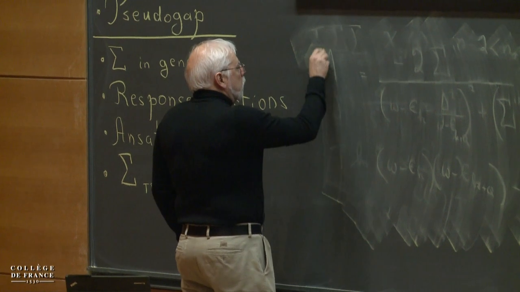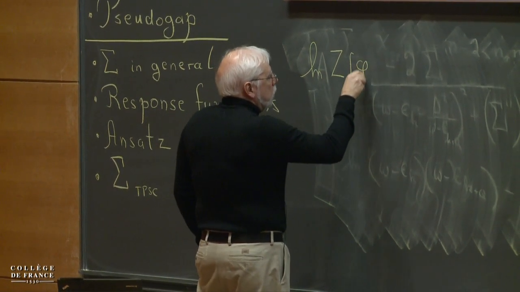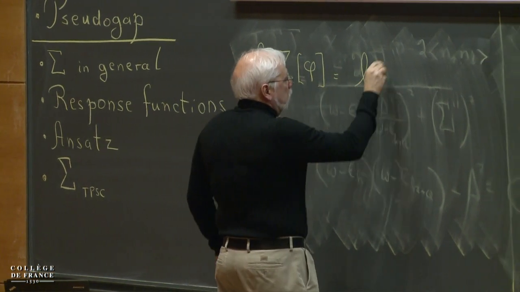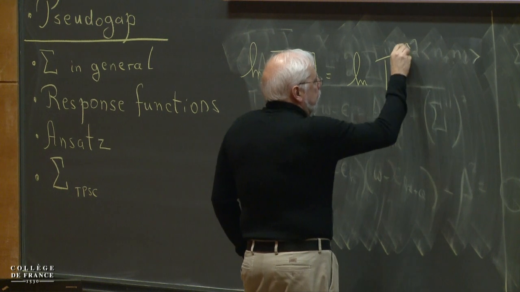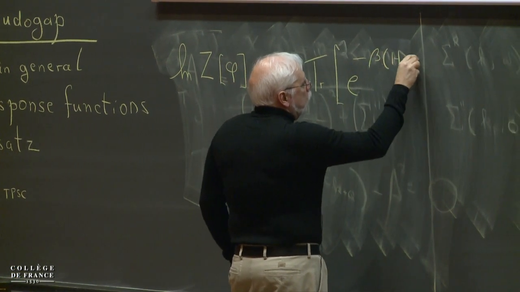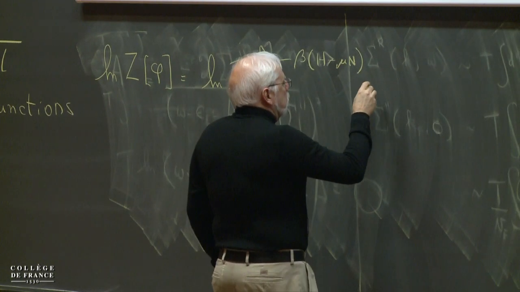So what we do is we write a partition function as a function of some source field, that we write then as a log trace of e to the minus beta (H minus mu N). So this is nothing surprising. This is the usual definition.